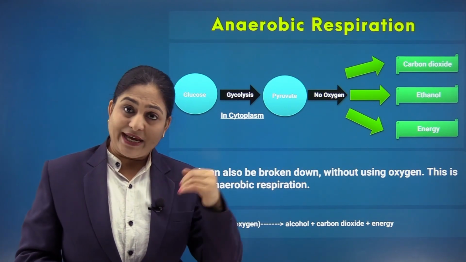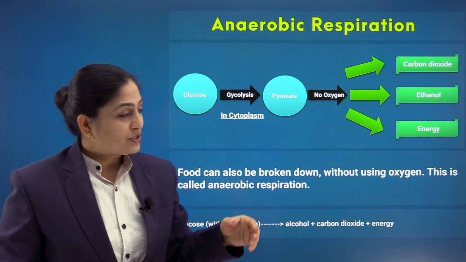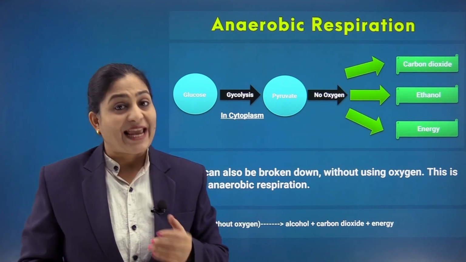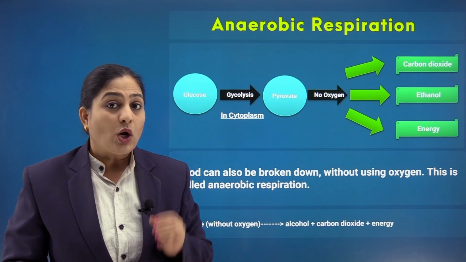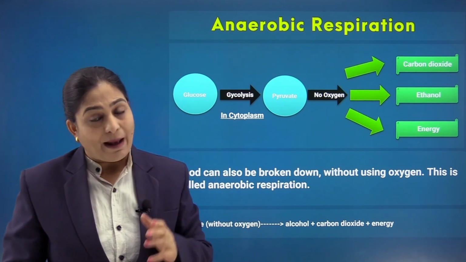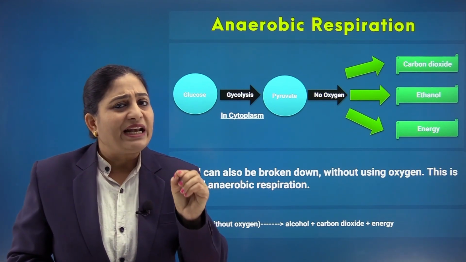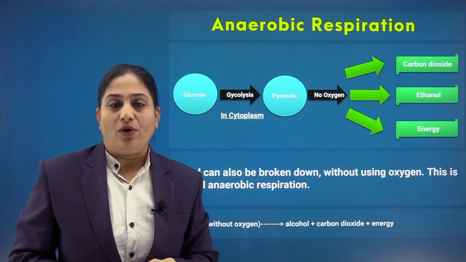We have seen aerobic respiration and anaerobic respiration. Aerobic respiration takes place in the presence of air, or oxygen. Anaerobic respiration takes place in the absence of oxygen or sometimes in a very limited supply of oxygen.